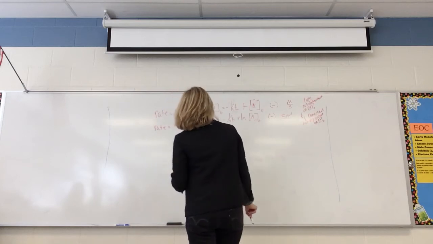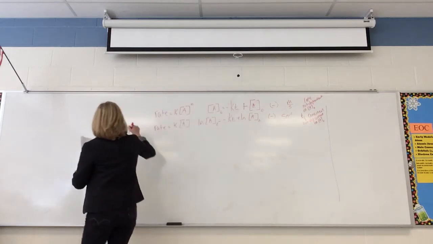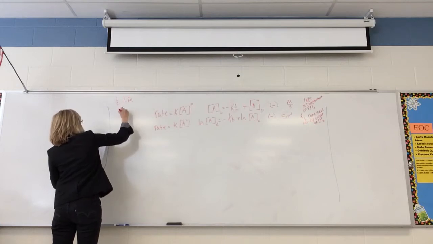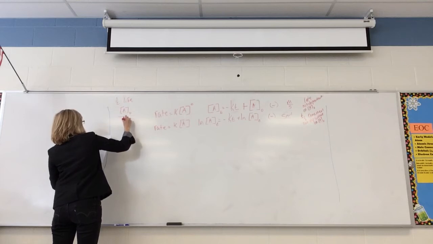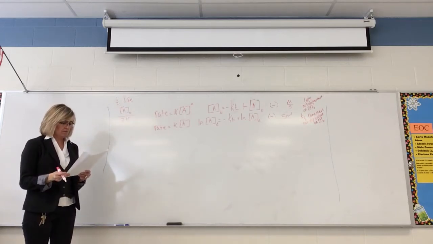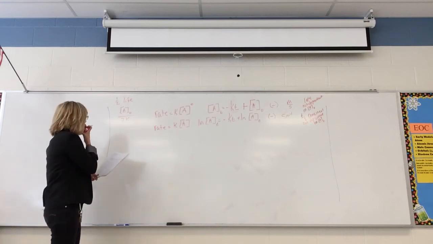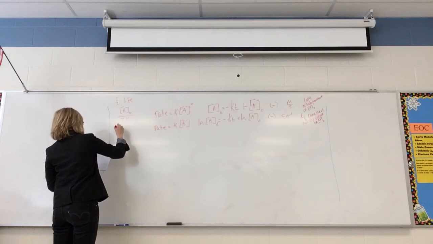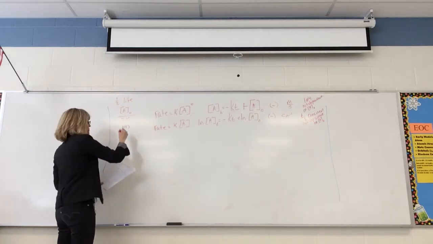Okay, the half-life of a zero order, I'm going to put it over here, is the concentration of A over 2k. I won't show you the math on that one. Just trust me. The half-life of first order is that 0.693, which is the natural log of 0.5, over k.